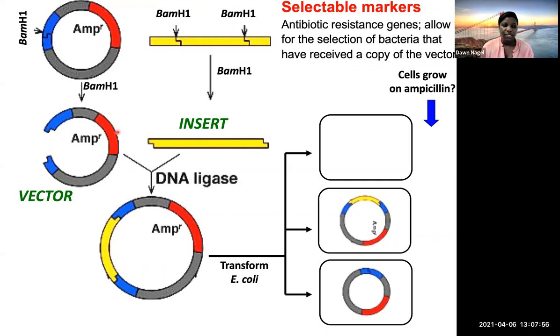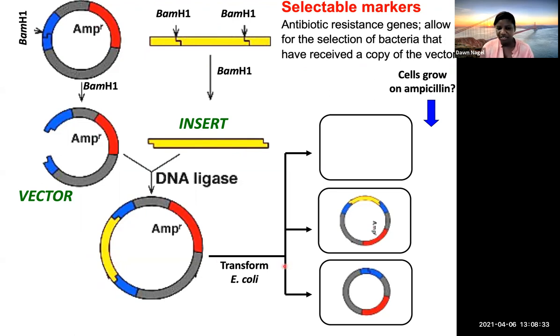You have your piece of DNA, which is also digested with the same enzyme you're cutting your vector with, because you want to put them together. You add DNA ligase, which is important for sealing them together. And now you have your plasmid with the resistance gene, your selectable marker, and the region inserted somewhere in your multiple cloning site where you cut with this enzyme, BamHI.